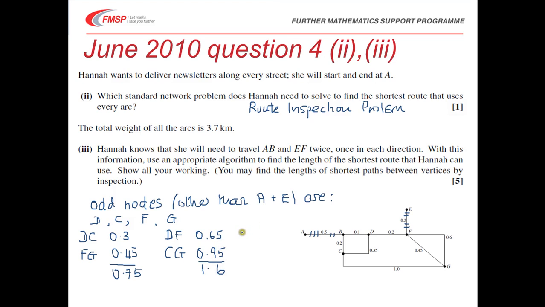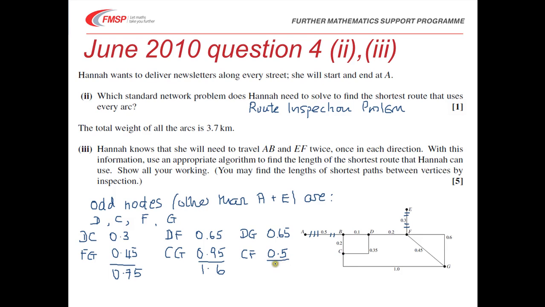So we'll just try the last pairing, which is DG and CF. So DG has length 0.65 and CF has length 0.5. So again, remember you're going this way to get from C to F. So it's 0.2 plus 0.1 plus 0.2, that sort of thing.